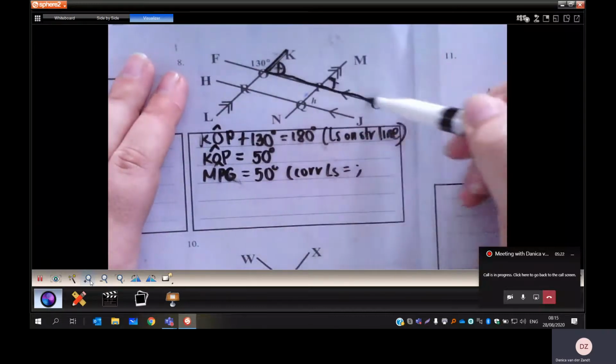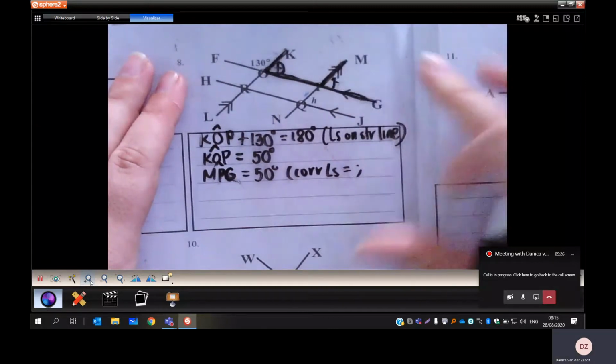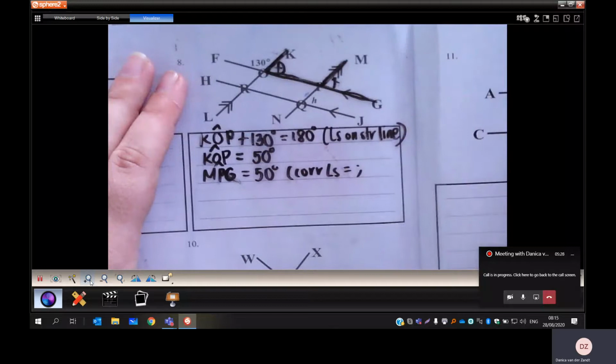So here's my F. Which parallel lines am I using? Want to tell me, Lorna? Tell me.